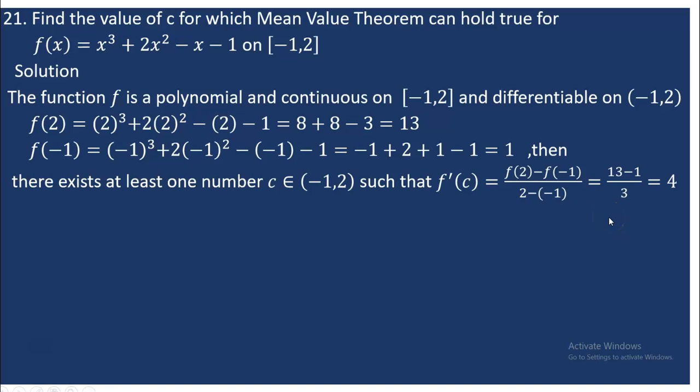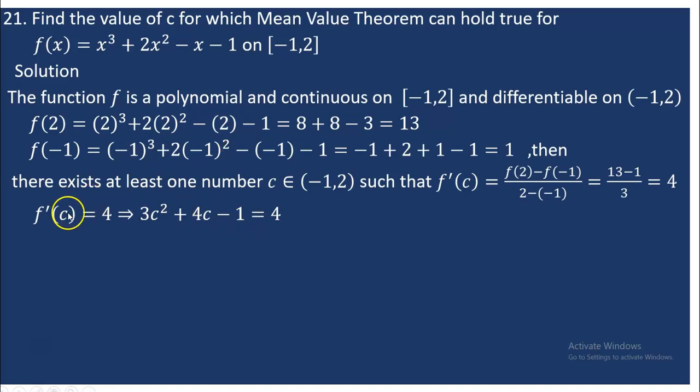So let's look for the c in between the interval -1 to 2. First we have to find the derivative, students, and the derivative of this function turns to be like this. 3 comes down, as you see, so 3c squared plus 2 times 2 is 4c, and the derivative of this is -1.